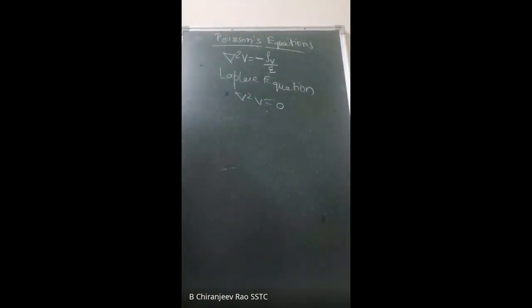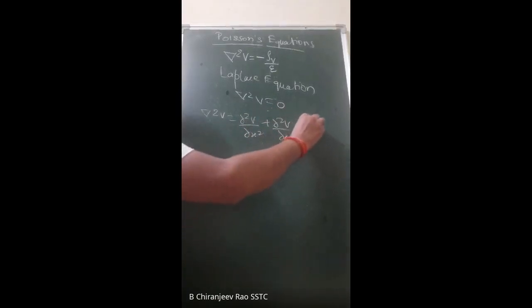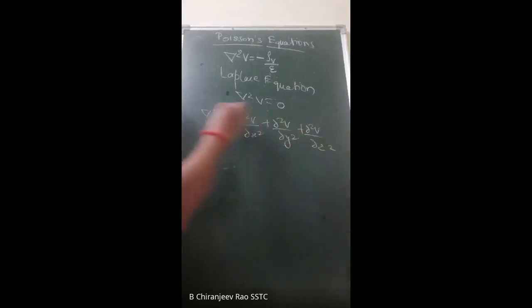So we can write the formula of del square V for three different coordinates. So del square V is equal to del square V by del x square plus del square V by del y square plus del square V by del z square. It is for rectangular.